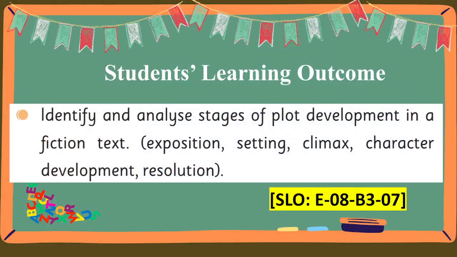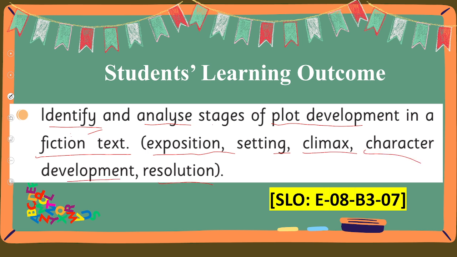The learning outcome says that we have to identify and analyze the stages of plot development in a fiction text. It can be a short story or a novella, a short novel, etc. We will talk about all these different stages: exposition, setting, climax, character development, resolution.